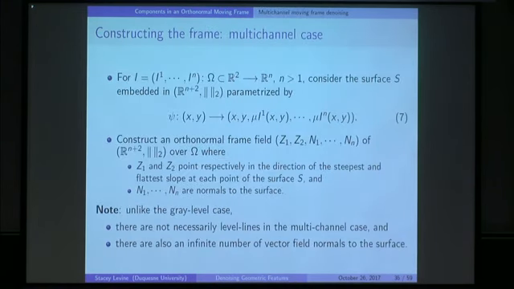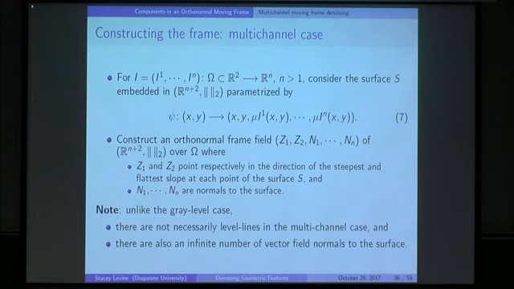In the multi-channel case, we have to be a little bit more careful because, unlike the gray level case, you don't necessarily have level lines. So you don't have the same interpretation. And there are also many choices for the normals to the surface, the vector field of normals.